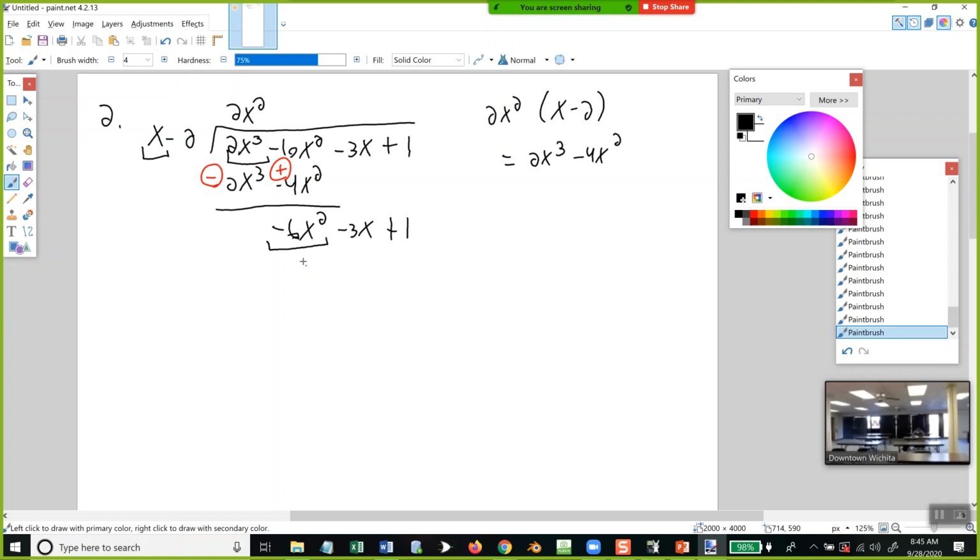Again, we look at the first term of each to decide what goes up on top. You ask yourself, what times x gives you negative 6x squared? And that'd be a negative 6x. Whatever you put up on top, you multiply by what's out in front. So take negative 6x times x minus 2. Gives us negative 6x squared plus 12x.